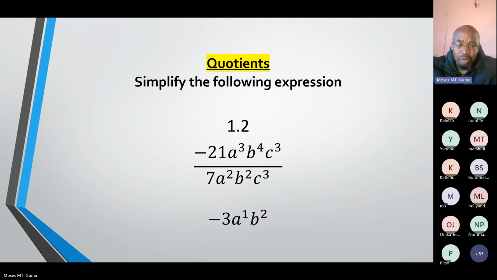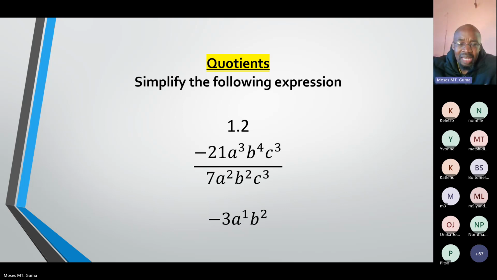Do you see that in between the terms, there are no signs? That means we are multiplying. It is negative 21a to power 3 multiplied by b to power 4 multiplied by c to power 3 divided by, again, the product there of 7 multiplied by a squared multiplied by b squared multiplied by c to power 3.